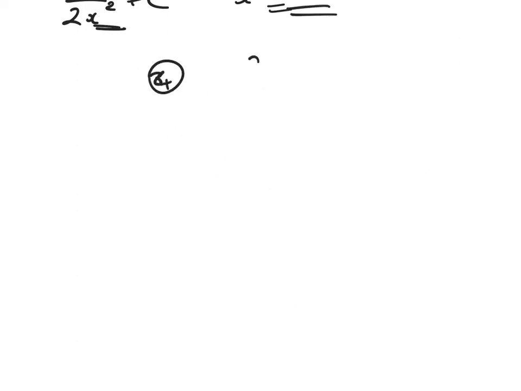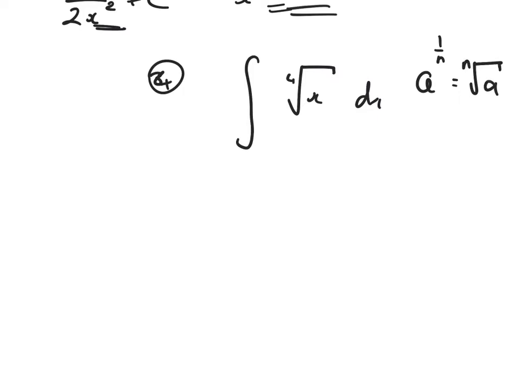I'm going to integrate the 4th root of x. Okay, so remember that we can think of a rule of indices here, which is a to the power 1 over n is the nth root of a. So let's get rid of that root symbol first of all. So that's going to be x to the 1/4 that I'm integrating.